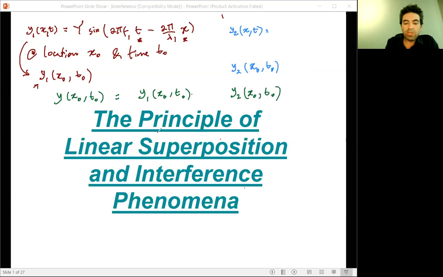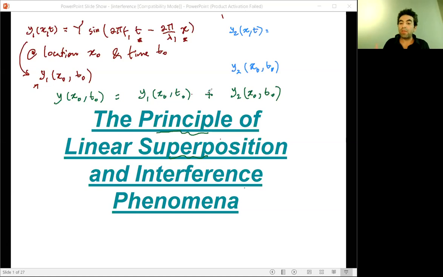The principle of superposition tells me that I can add the two amplitudes together to find the overall amplitude. It didn't have to be that way, but it turns out that this is the case. The principle of linear superposition tells me that to find the overall disturbance due to two different sources, you add the amplitude from the first source plus the amplitude from the second source.